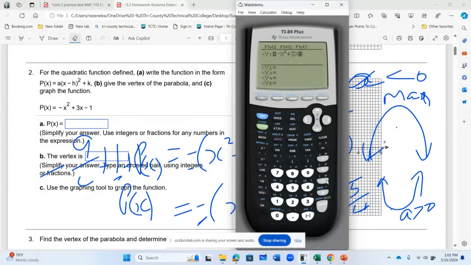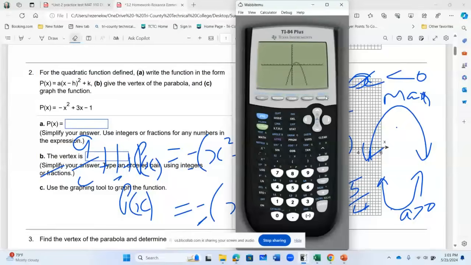Because people make mistakes, you want to check that your maximum point corresponds with the maximum that the calculator gives you. They don't have to ask you to use the calculator, but you want to make sure you know that you can use it. So I think my window is good. I can just sketch it, see if I have what I need.